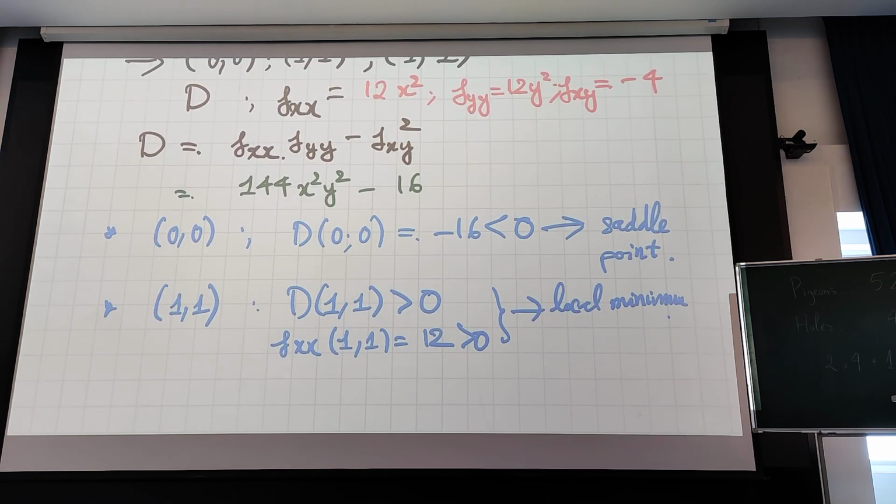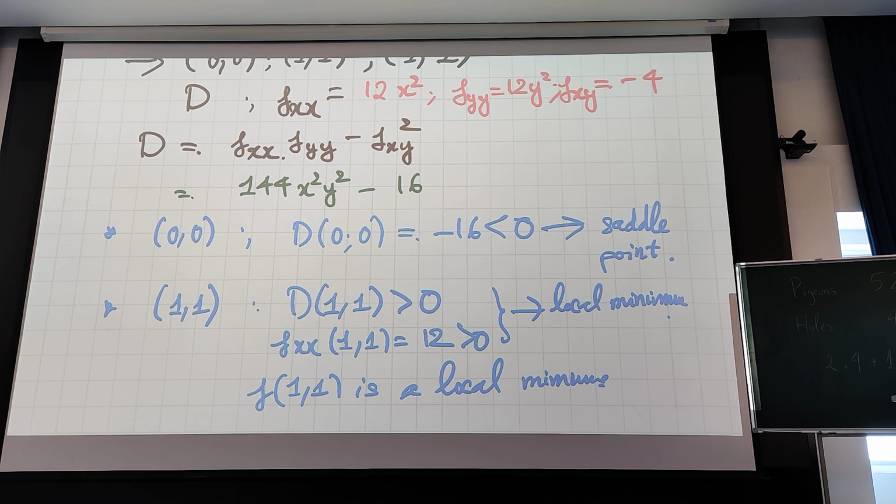That means the function f attains the local minimum at the point (1, 1). You agree? You can say f(1, 1) is the local minimum of f, right? So similarly, you will get the local minimum for the point (-1, -1).